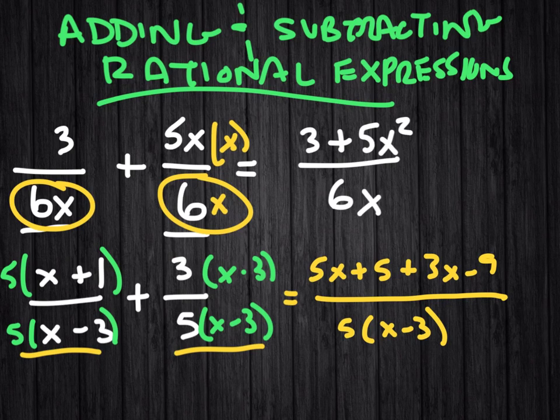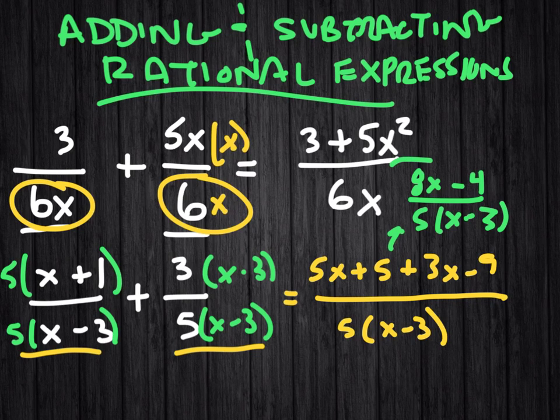And now we would combine things. I'm running out of space here, so I might just jump up here to do it. We got 8x, 5 minus 9 is minus 4, all over 5 times x minus 3. And so this would be kind of our final answer.